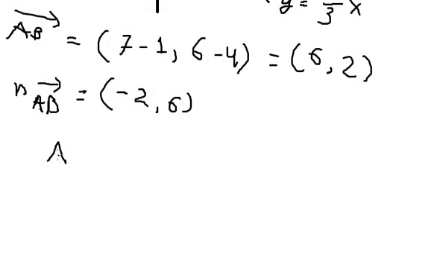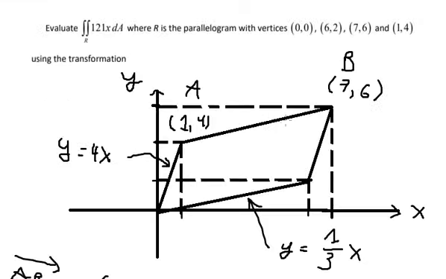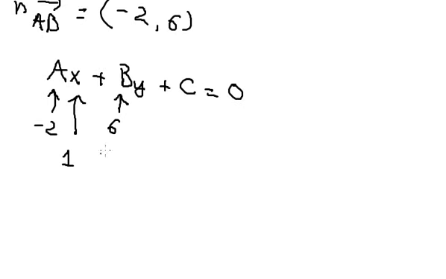And now we have the formula of the line, that's Ax plus By plus C equal to 0. So A is negative 2, B is 6, x is 1. I choose the point A in here, y is 4.